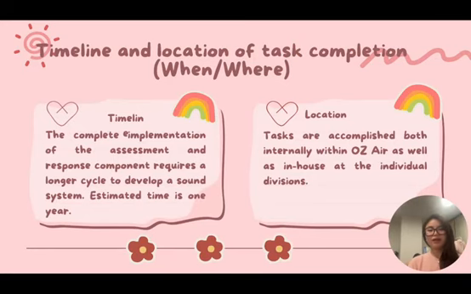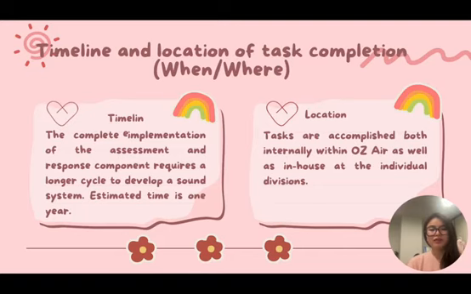So now let's talk about the time and the place of test compilation for this recommendation. First up is the timeline. Full implementation of the assessment and the response component will require a longer cycle because it involves the thorough analysis and understanding of the different stages of recruiting, preparing, and creating representatives within the association.